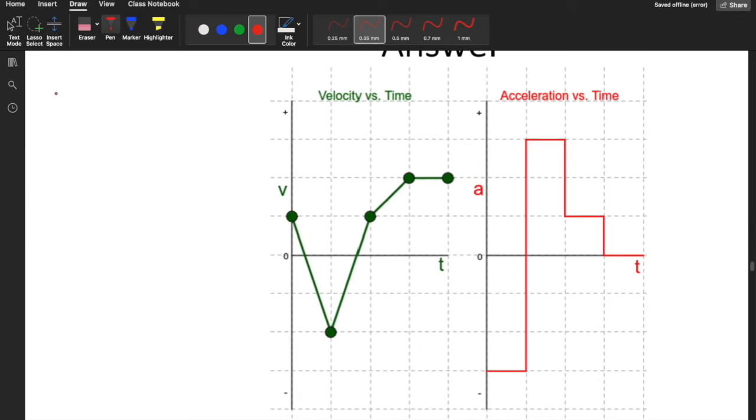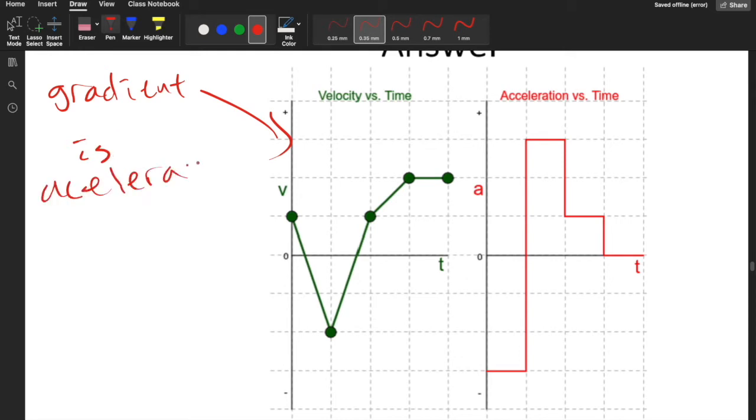So we know gradient of those graph is acceleration. So gradient here is -3. So 1, 2, 3, -3, and here will be +3, right?